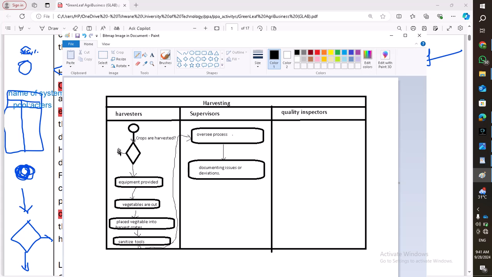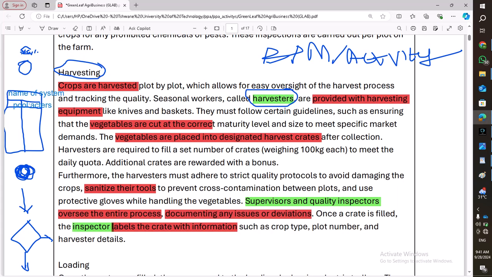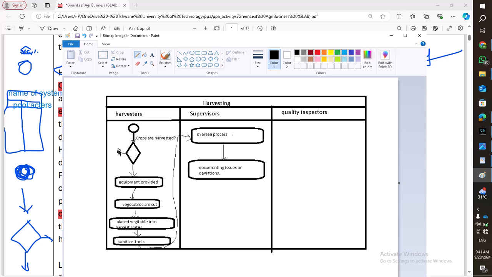After that, the quality inspector does what? It checks that the trays are full first before they are labeled.